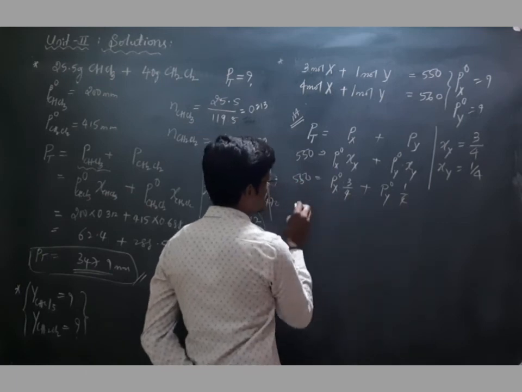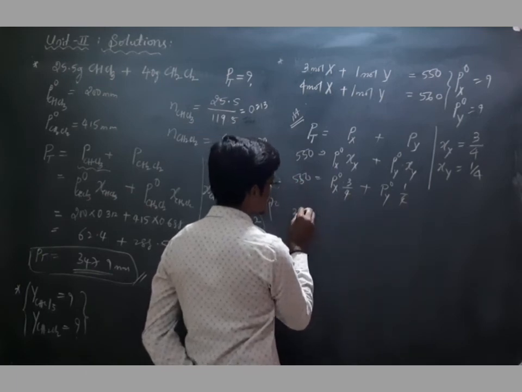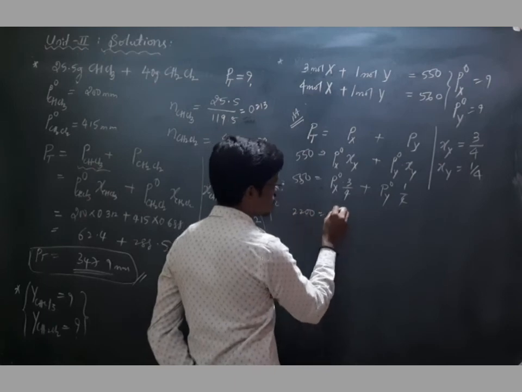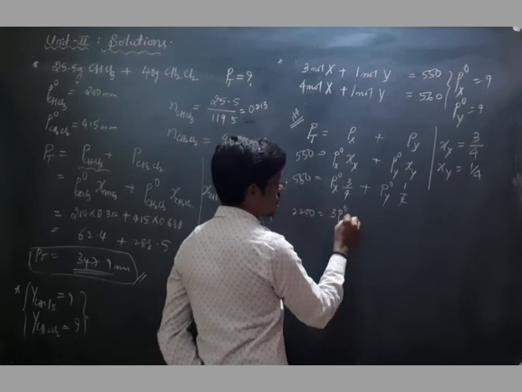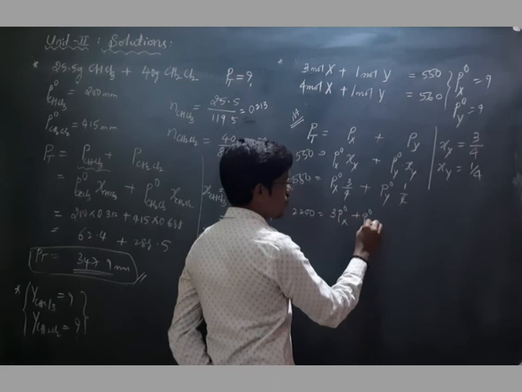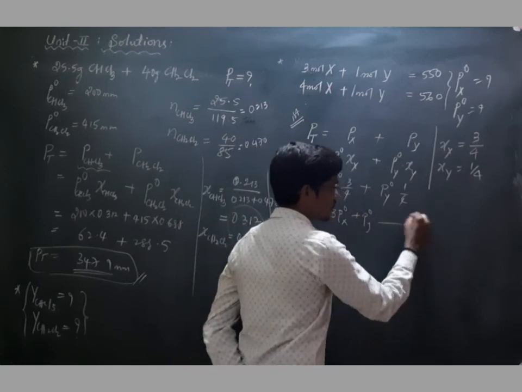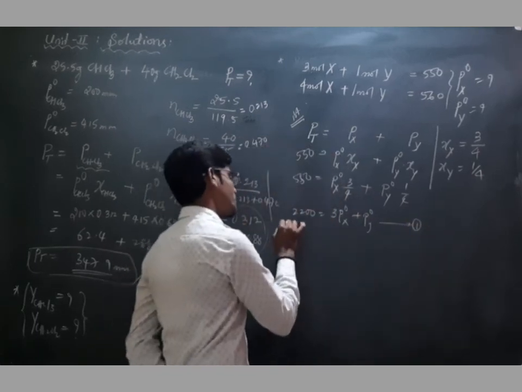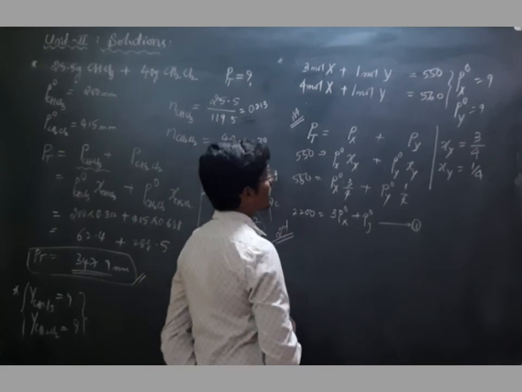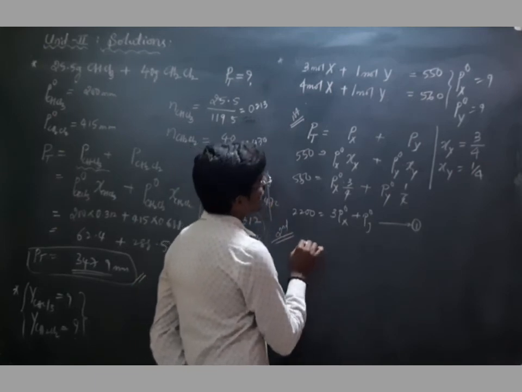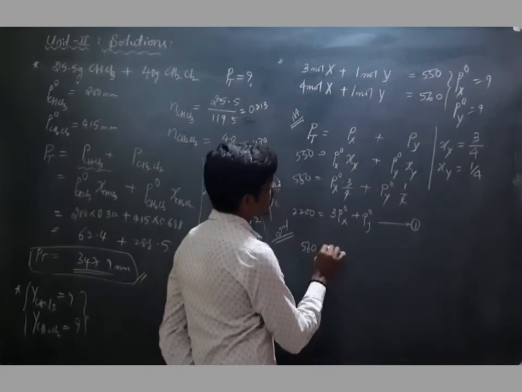Multiplying by 4, 2200 is equal to 3 P naught X plus P naught Y. Equation number 1.